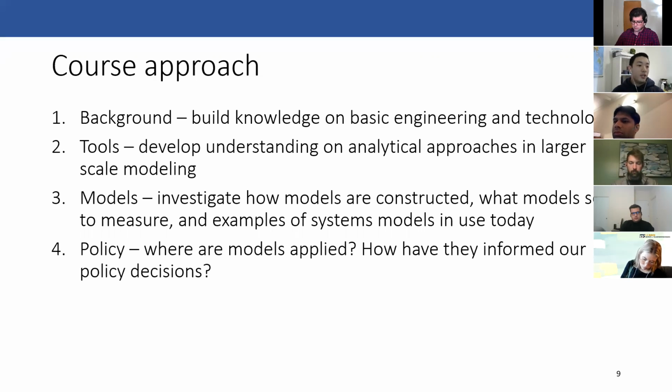The third one is models. This is going to be looking at how the models are actually constructed, what models exist today, and we'll be able to highlight systems and models that are prevalent in the existing literature.